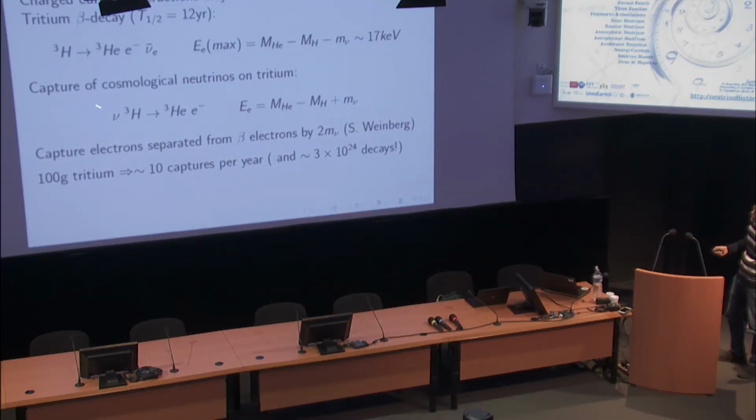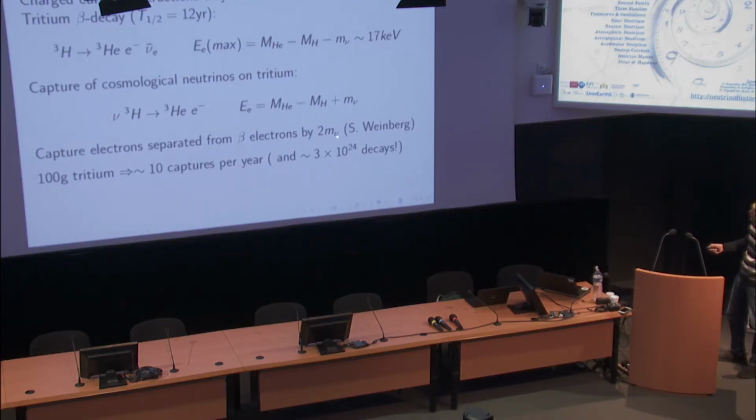So that means that if you can take this antineutrino and put it on the other side, you can have neutrino plus tritium giving helium-3 plus electron, with this recoil electron having an energy which depends on the neutrino mass. So the capture electrons are separated from the beta minus electrons by 2 neutrino masses. I think Steven Weinberg was the first to notice that.